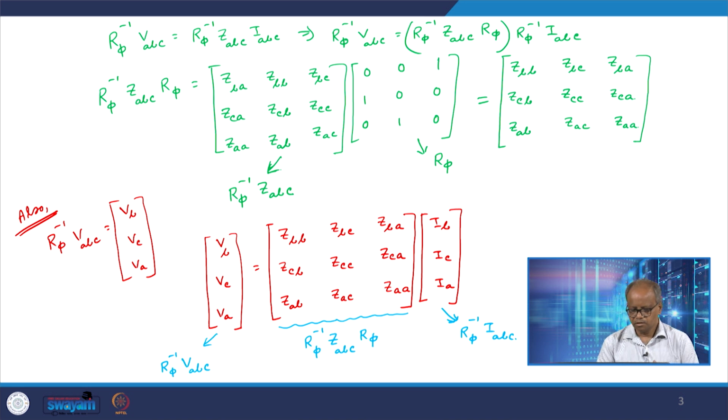From here, if I write down the equation for VC, VC is ZCB into IB plus ZCC into IC plus ZCA into IA, and this is nothing but the original expression.